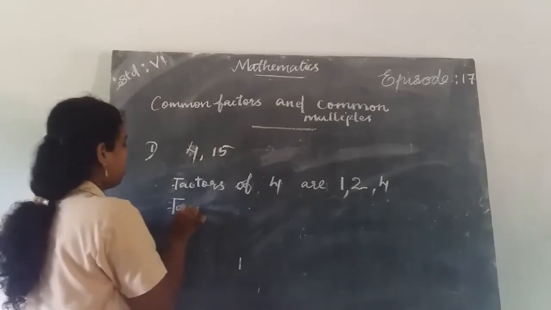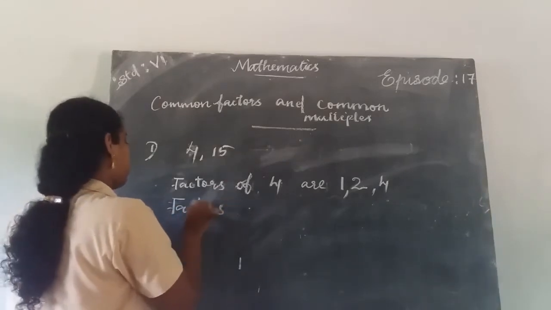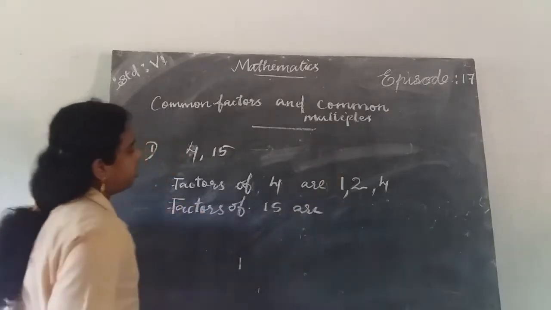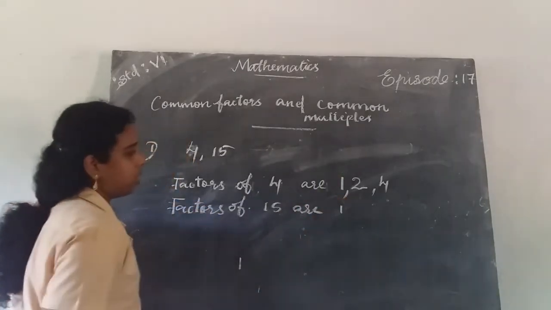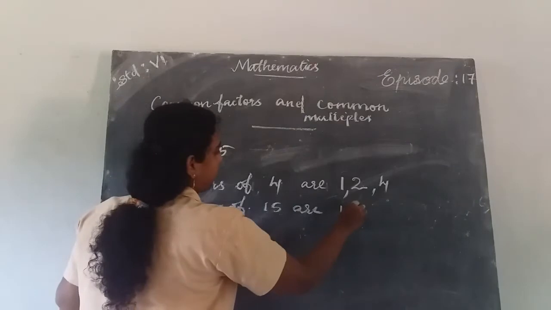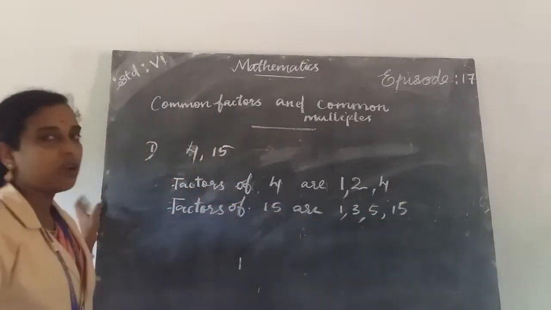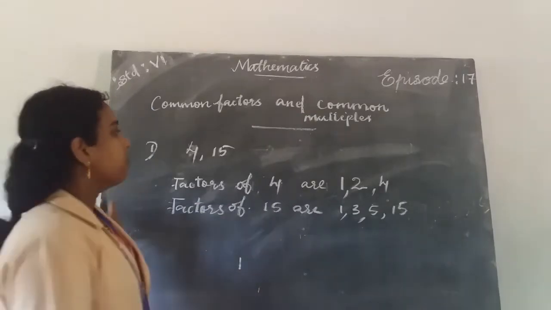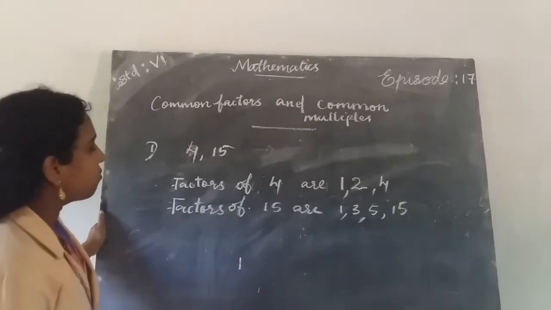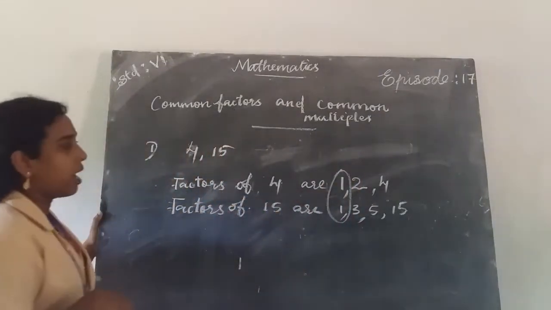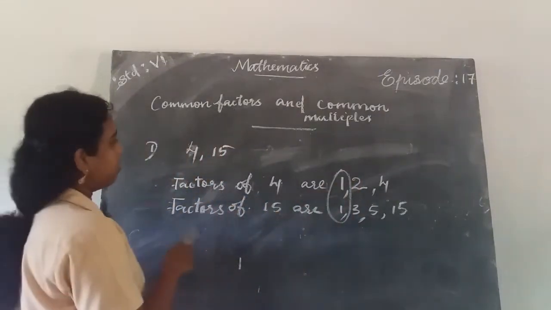Then the factors of 15. 15 comes in the table of 1, the table of 3, the table of 5 and 15. So these are the factors of 15. So 1 is a common factor of 4 and 15. Are there other common factors of 4 and 15?